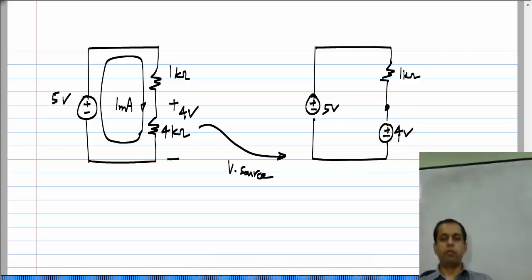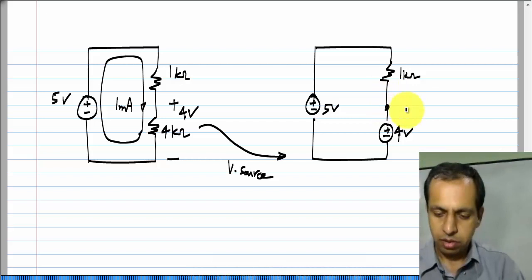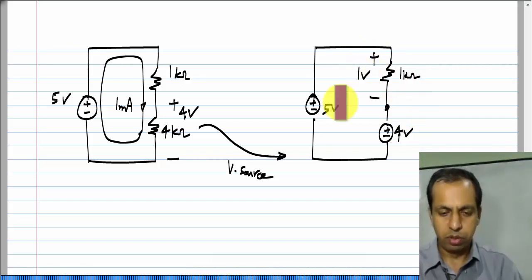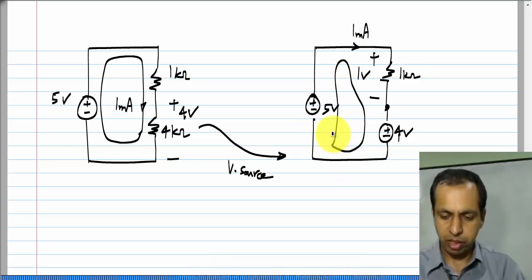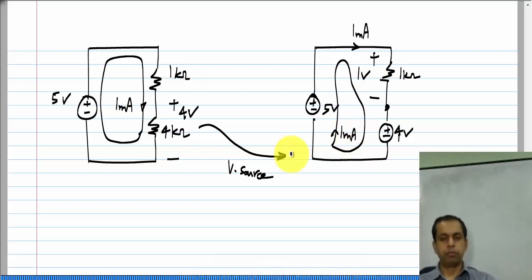Okay. Now, we have to verify if the currents and voltages in the circuit have changed. Okay. Clearly, you see that across the resistor we have 1 volt drop, that is 5 volts minus 4 volts. So, the current through this is 1 milliamp. Okay. So, just like before, a 1 milliamp current is flowing in the clockwise direction through this loop.